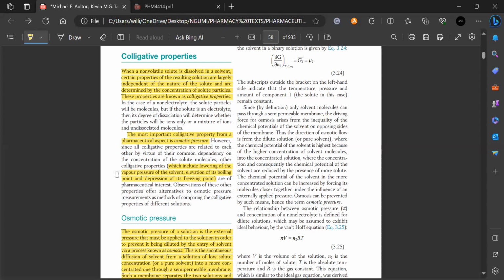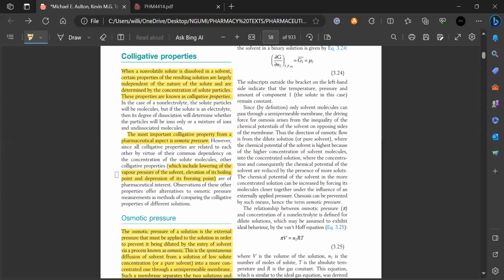So when we talk about colligative properties, we are mainly talking about a non-volatile solute. Non-volatile, we just mean it won't escape. So whenever we have these solutes which do not escape, they're the ones which mainly determine the properties of the solution, because they're always just present.